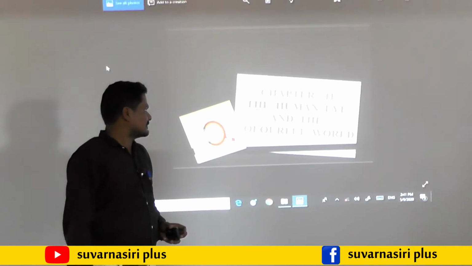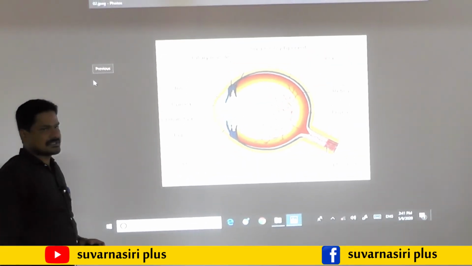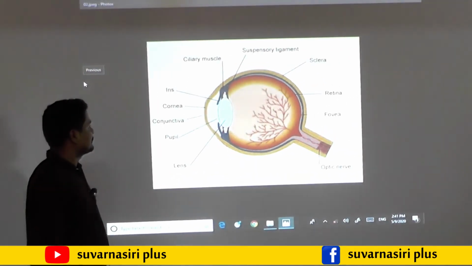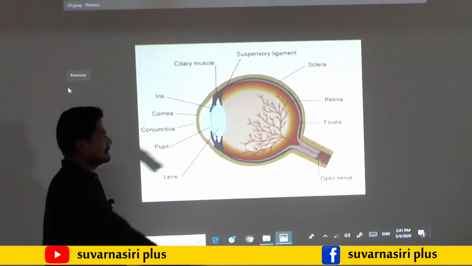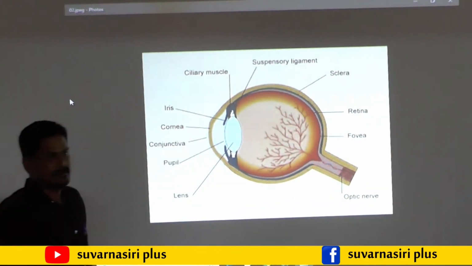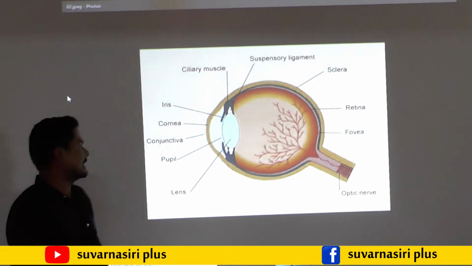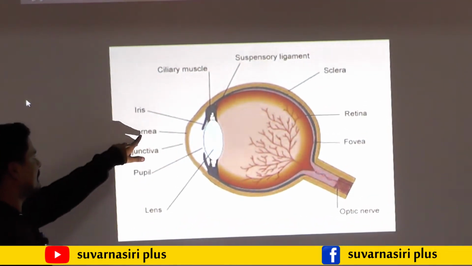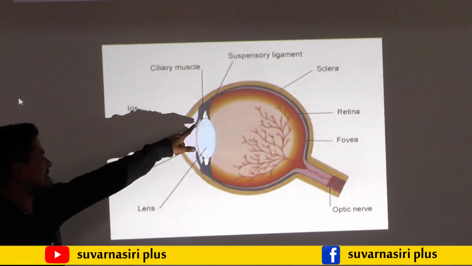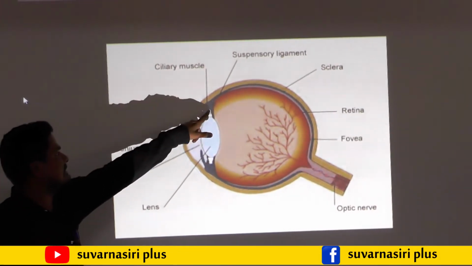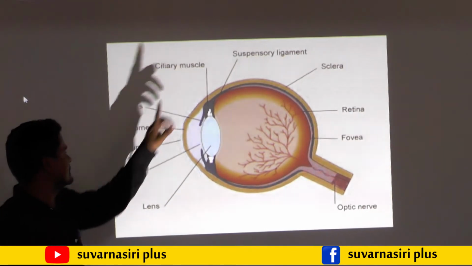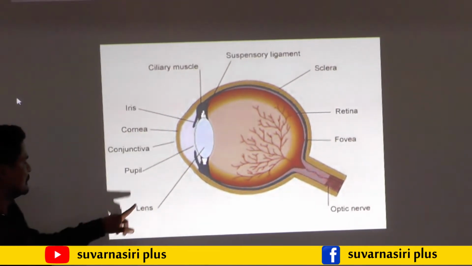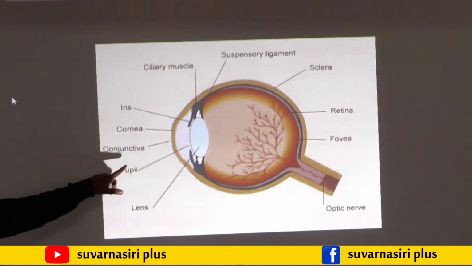First of all we have to study the structure of the human eye. These are the main parts present in the human eye. First a bulge shaped cornea, and next this is iris, and next there are two ciliary muscles, and next the pupil through which the light is entering into the eye.